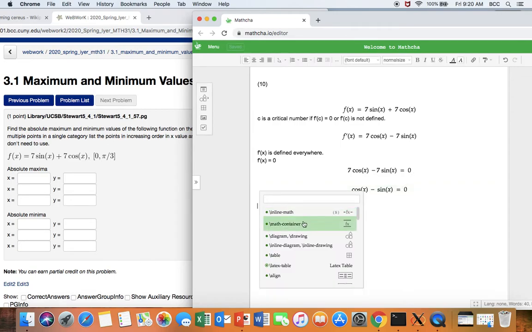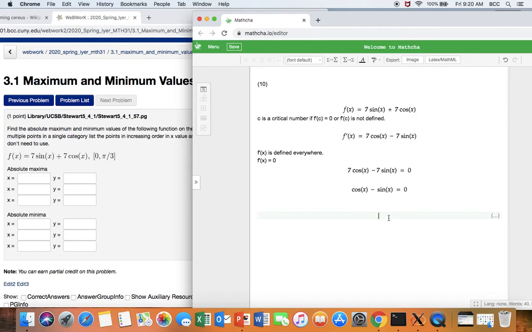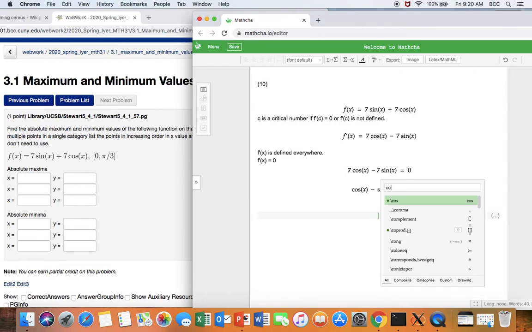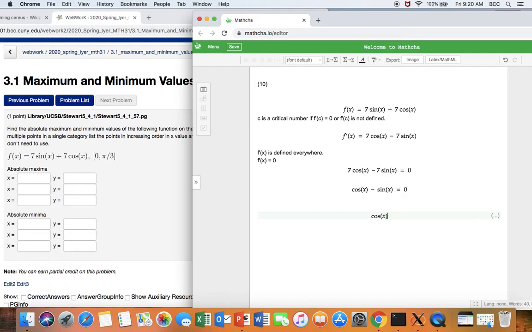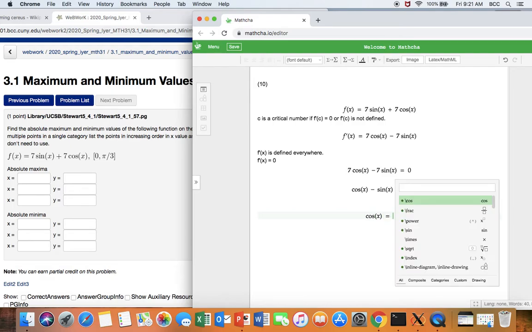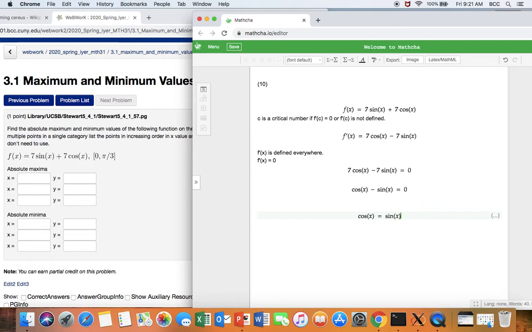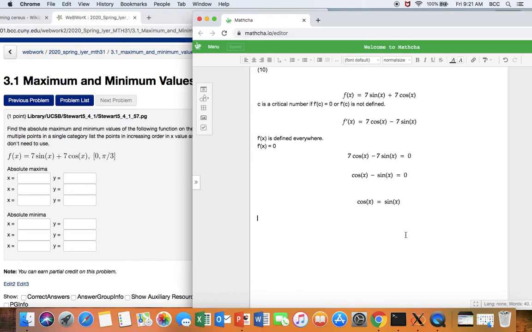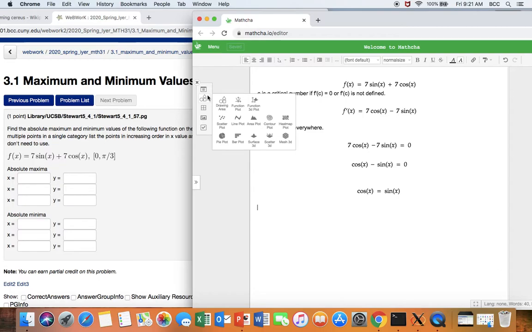What next? Let me take sine x to the other side: cosine x equals sine x. So when is cosine x equal to sine x? Those of you who remember some geometry, let me maybe draw a picture.